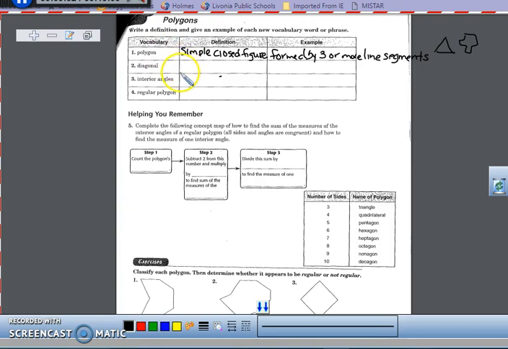Alright, diagonals. A diagonal is a line segment in a polygon that joins two non-consecutive vertices.